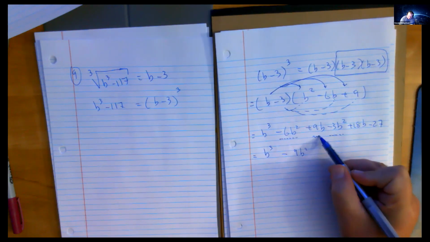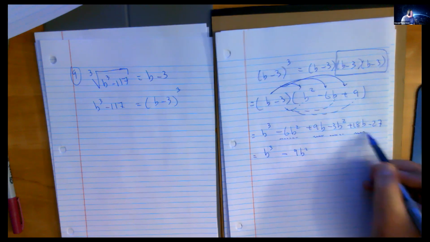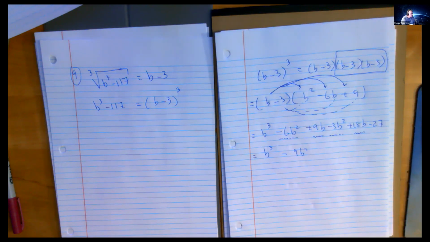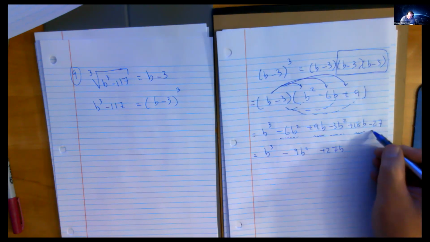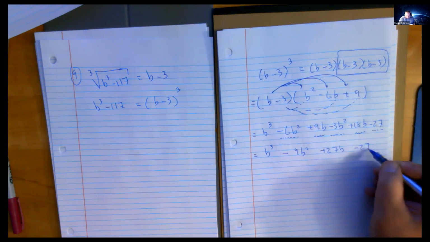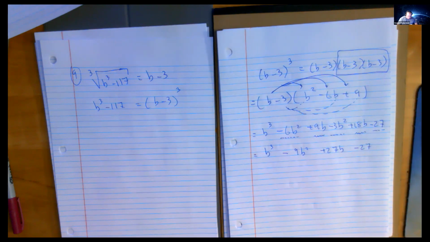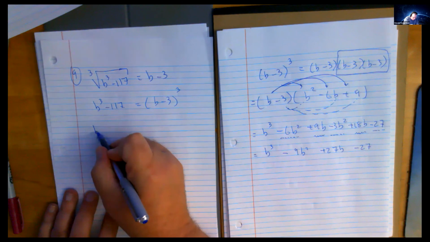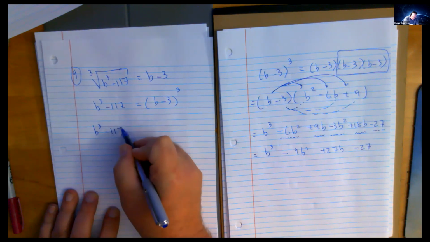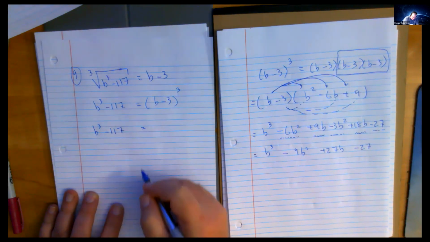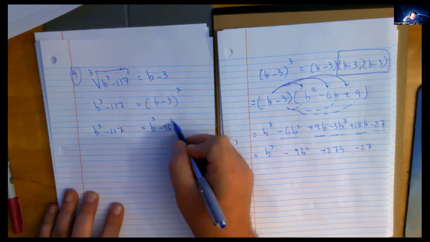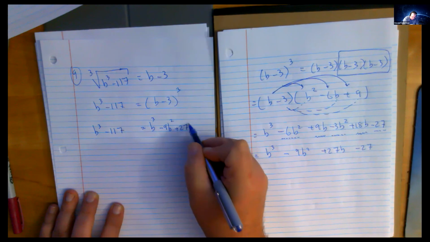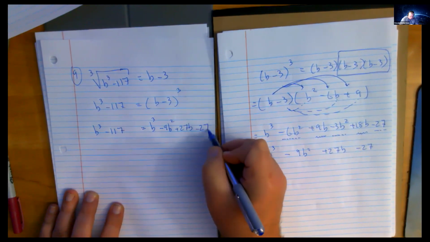What about 9b and 18b? Can we combine them together? Yeah. 9b plus 18b gets me 27b. What about the poor number negative 27? Well, he's on his own, so you're stuck with him. So we now have b cubed take away 117 is equal to b cubed take away 9b squared plus 27b take away 27.